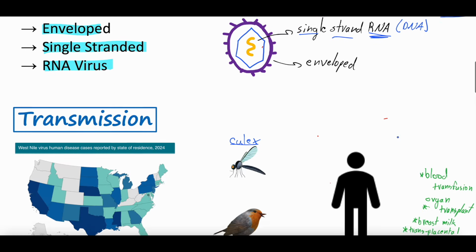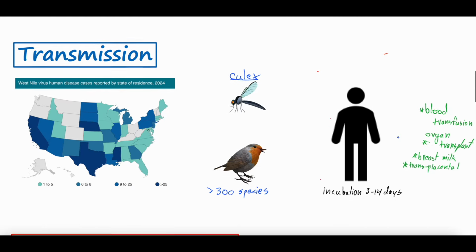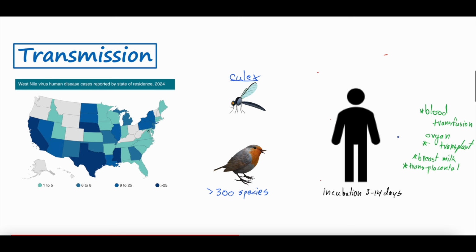Okay, so transmission. How can you get West Nile virus? Well, West Nile virus is primarily a disease of mosquitoes and birds. So this is a mosquito. The species of mosquito most likely to transmit West Nile virus is the Culex species. In the life cycle of West Nile, it's mosquito to bird, bird back to mosquito.